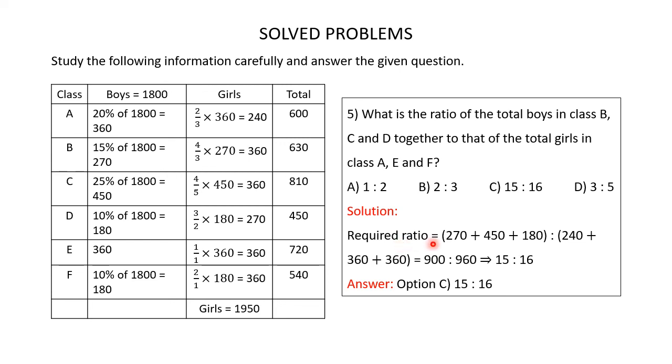So the required ratio is 270 plus 450 plus 180 is to 240 plus 360 plus 360. This is nothing but 900 is to 960, which on simplification gives us 15 is to 16. So the required ratio is 15 is to 16. The correct answer is option C, 15 is to 16.